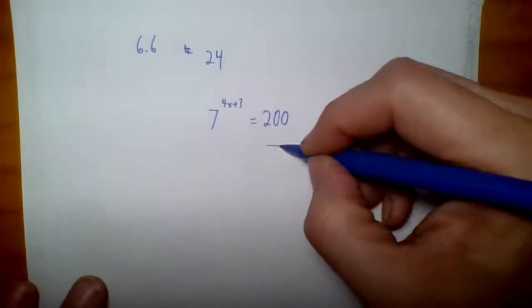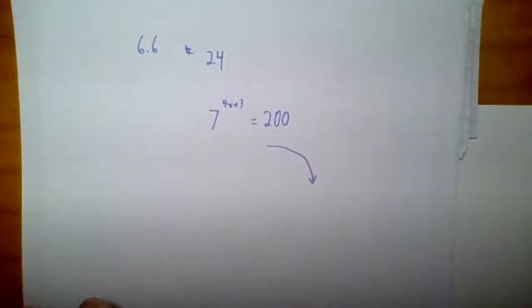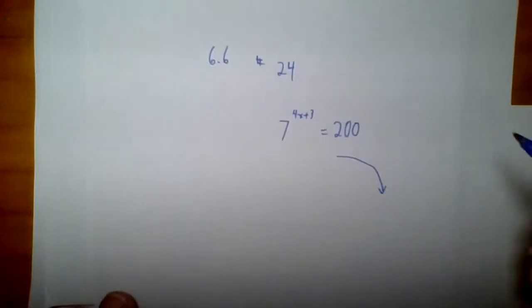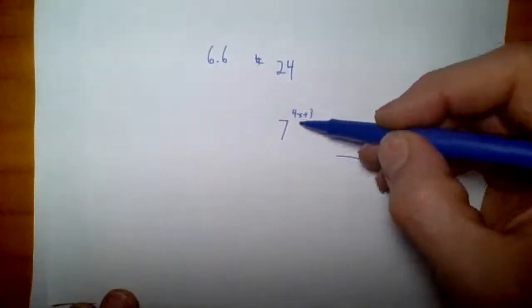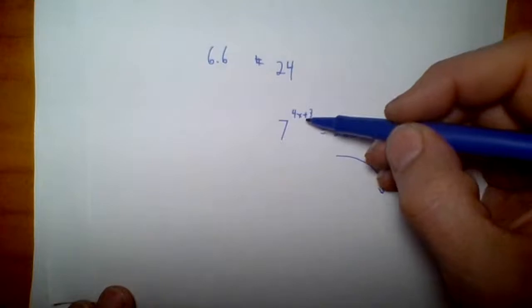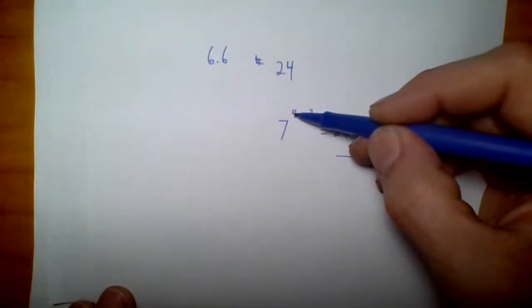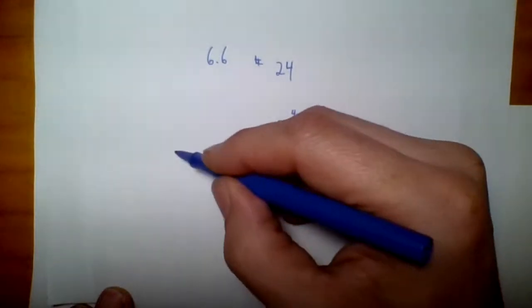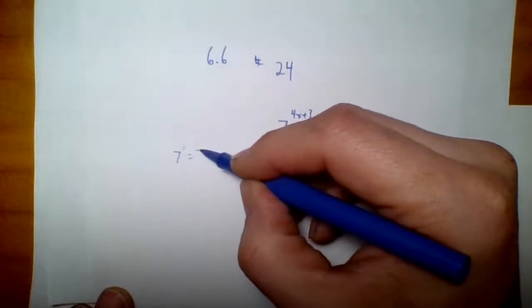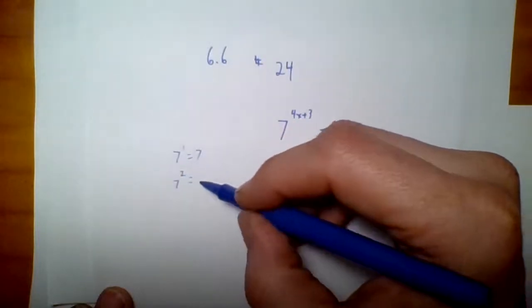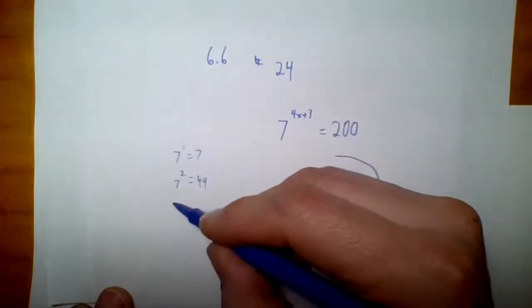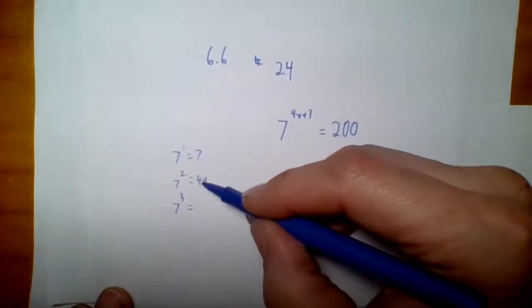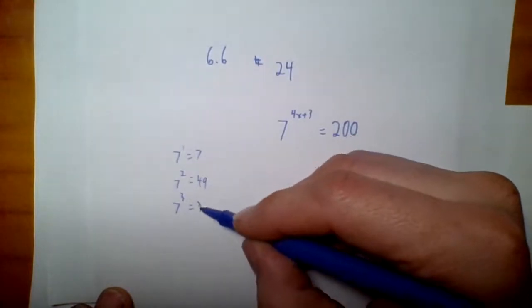So I'm ready to rewrite that as log base 7. But let me think about that first before I do that. Let me think about some powers of 7, because the question is, what power up here, or what is x, to make the power up here work out so that you get 200 from this? 7 to the 1 equals 7. 7 squared equals 49. 7 to the third is 49 times 7, which comes out 343.